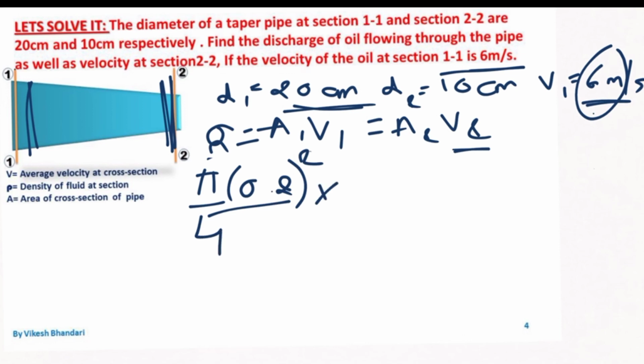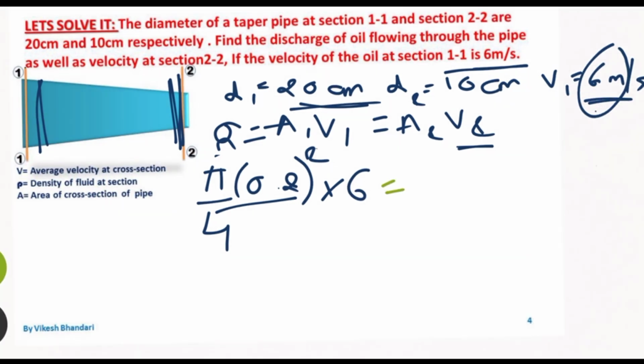V1 is 6 meters per second. Since we are taking velocity in terms of meters per second, I am going to convert the diameter of the pipe from centimeters into meters. That's why it becomes 0.2.